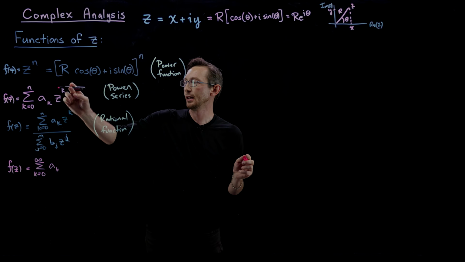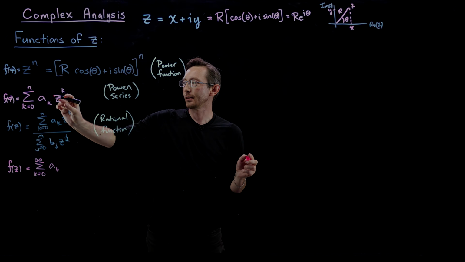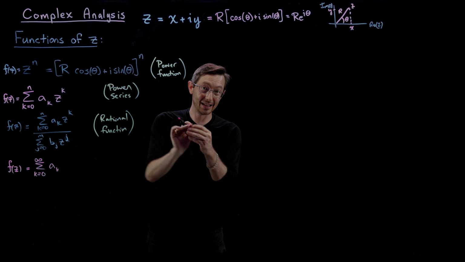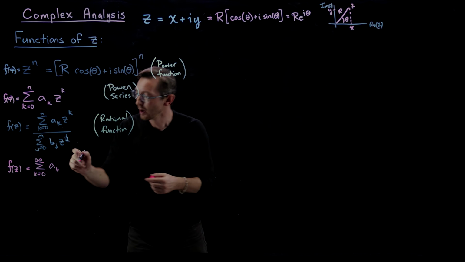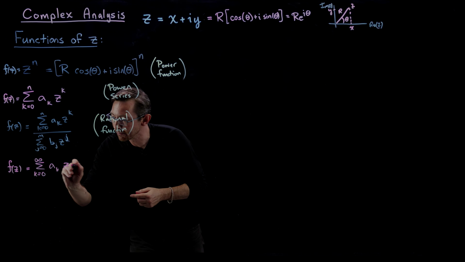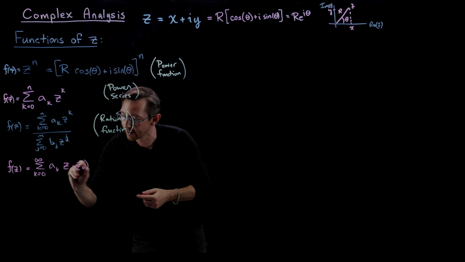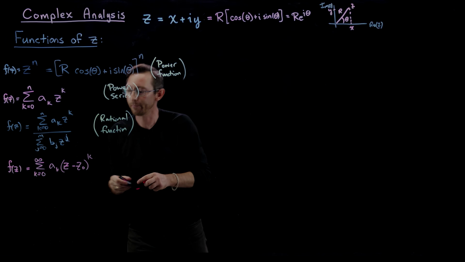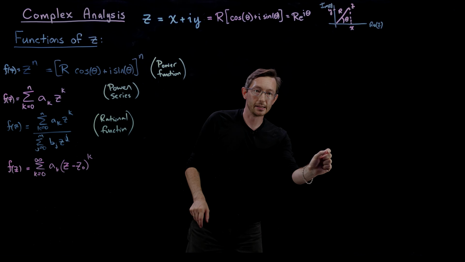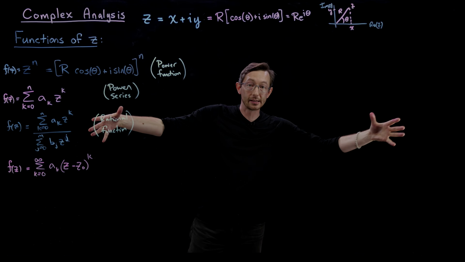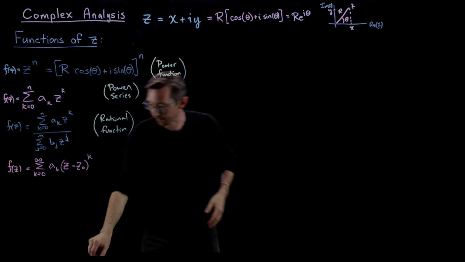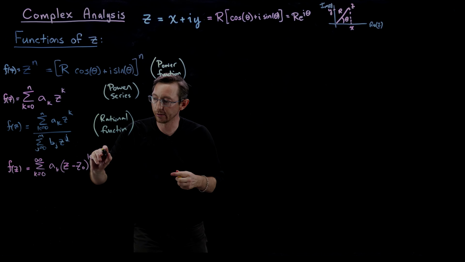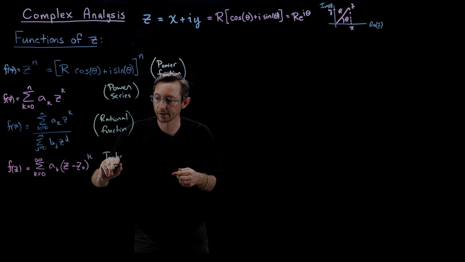It doesn't have to be a Maclaurin series where it's expanded about z equals 0. We're going to say that this is z minus some z naught to the power k. So this could be centered at any point z naught, and I'm going to take an infinite sum of powers of z expanded about that point. And just like in real valued functions, this is our Taylor series.